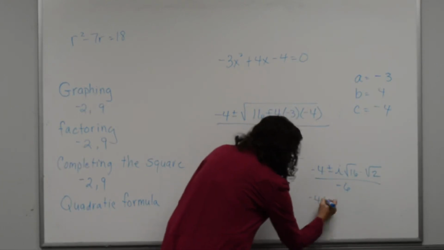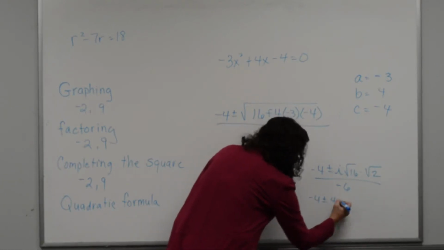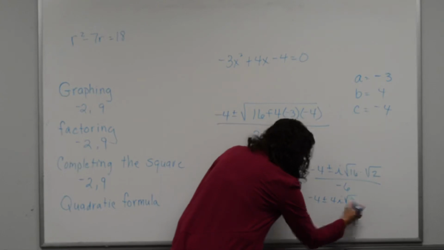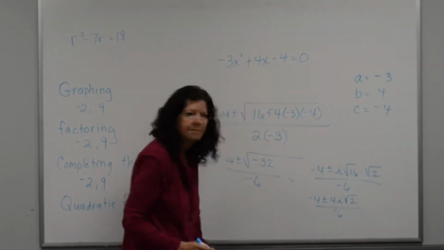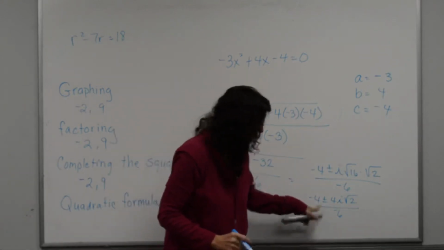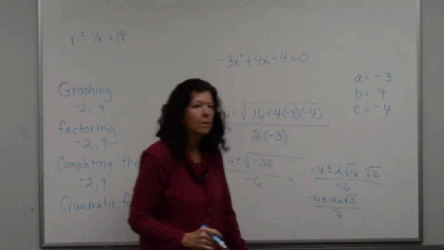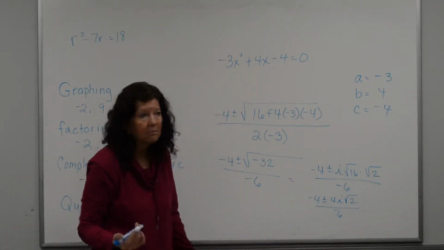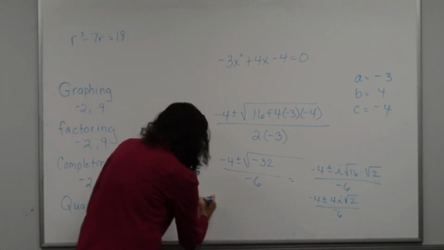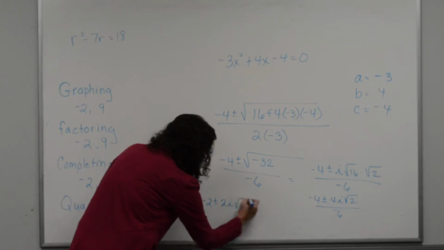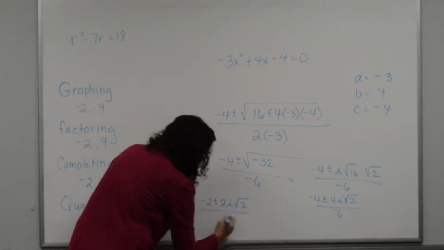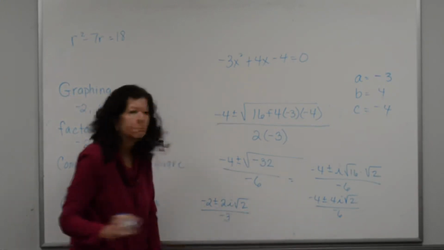So -4 plus or minus 4i square root of 2 over -6. Now can I reduce this? -4, -6, and 4 can all be divided by 2. So -2 plus or minus 2i square root of 2 over -3.